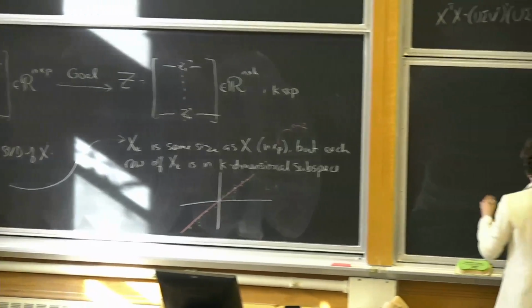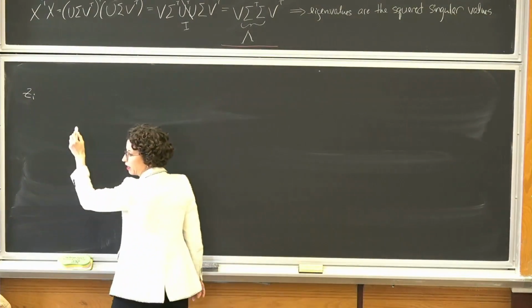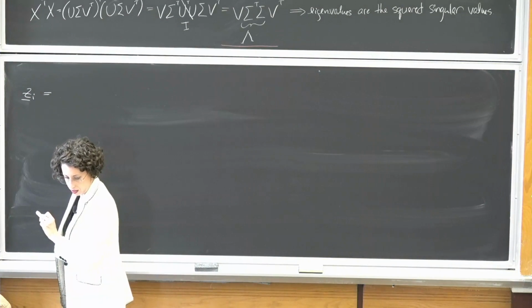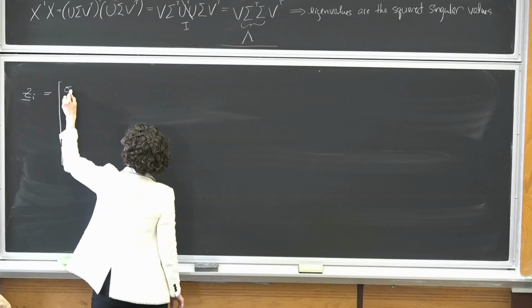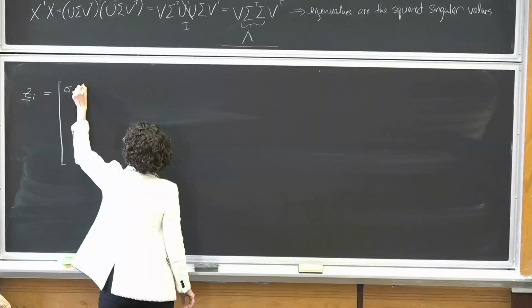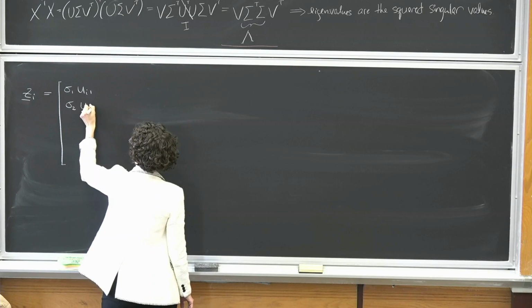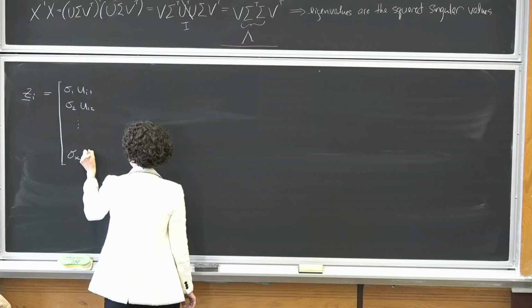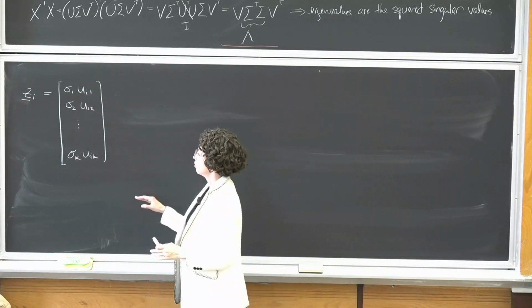So in particular, what I am proposing is that we can let Zi be equal to sigma 1 times Ui1, sigma 2 times Ui2, all the way to sigma K times UiK.